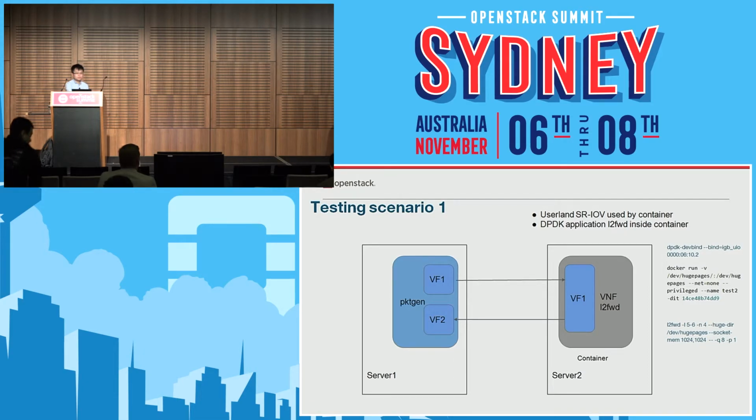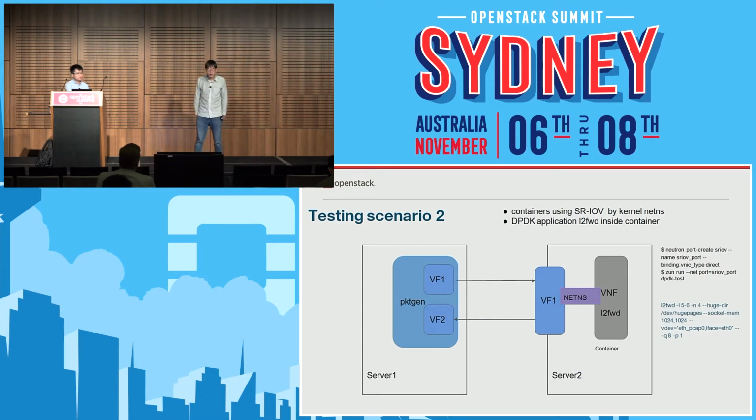So in this way, we are testing SR-IOV with DPDK, and the L2 forward is regarded as the VNF application to be tested for the networking forwarding performance.